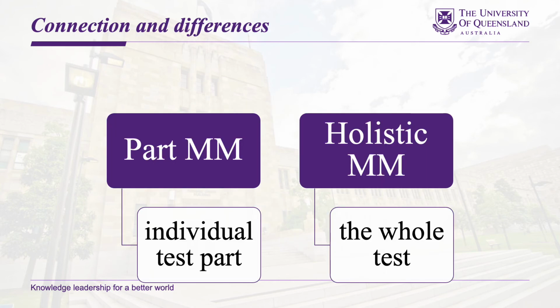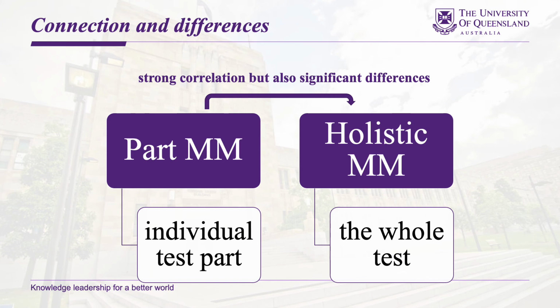From the measurement perspective, all marking models have strong connections. The first strong correlation can be found between the part marking model and the holistic marking model. Within these two marking models, there are no significant differences in means and candidate rankings, because they have a similar construct.